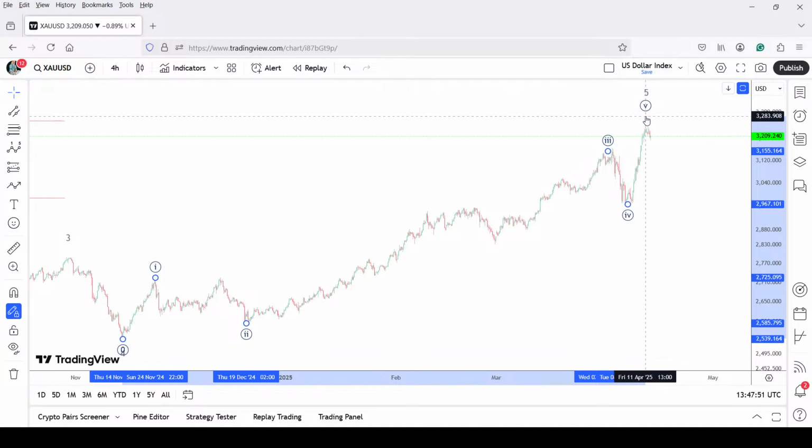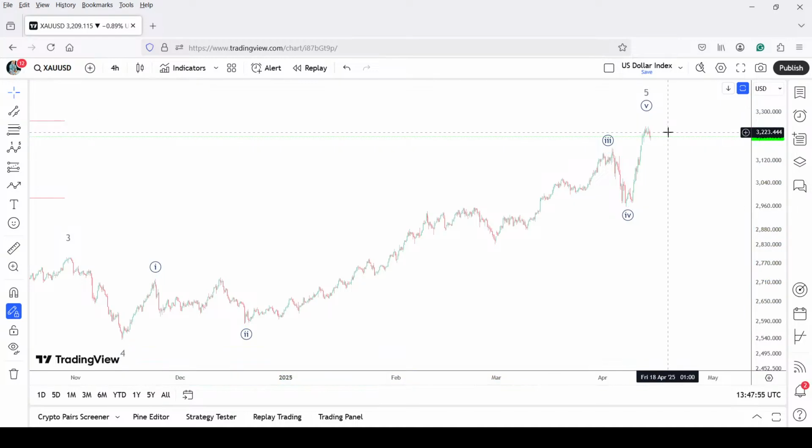So maybe wave 5 is terminating at 3 different degrees. This is the wave structure point of view, and let me try and take the extension.